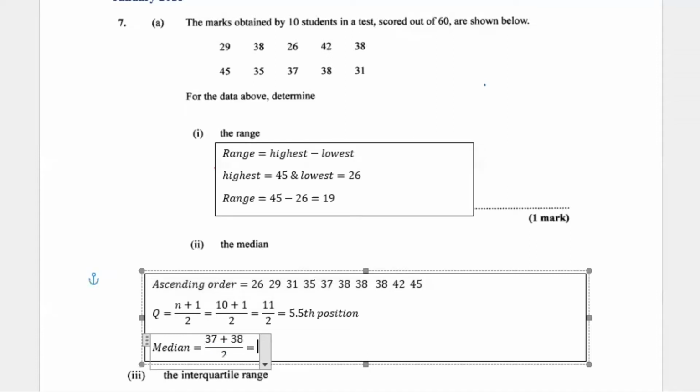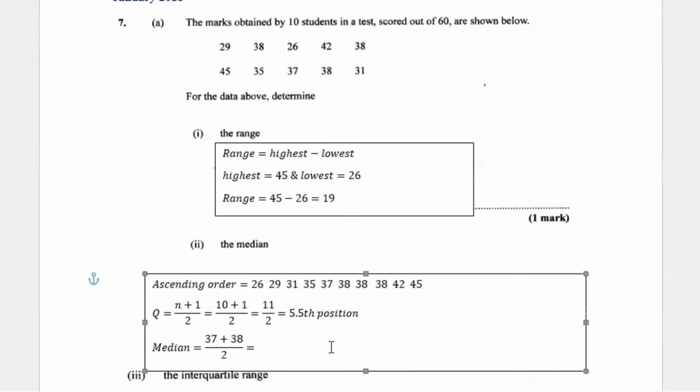And so let me just extend this a bit so that you can see it. So it will be 37 plus 38, and that will give us 75 divided by 2, which is equal to 37.5.